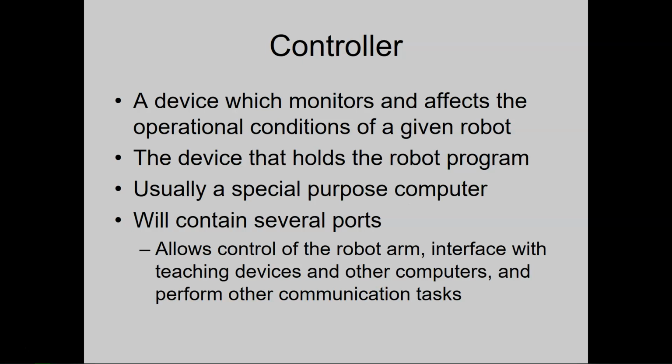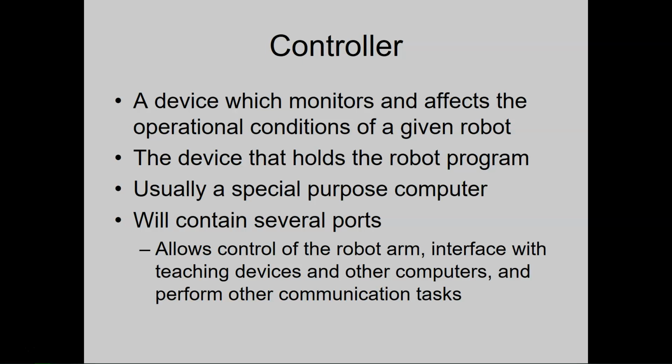Controller, this is a device which monitors and affects the operational conditions of a given robot. It holds the robot's programs. It is usually a special purpose computer meant specifically for that robot. Contains several ports that allows control of the robot arm, interface with teaching devices and other computers, and to perform other communication tasks.